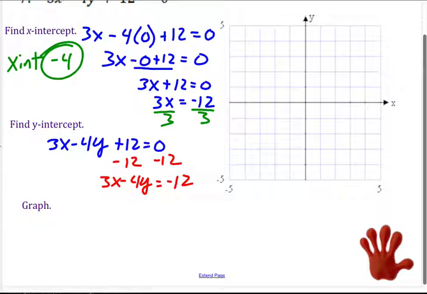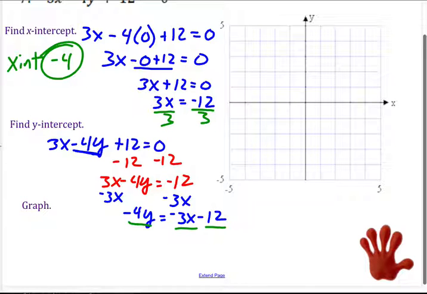Solving for y, I want that x term on the other side, so I'm going to subtract 3x from both sides. And don't forget that this is a negative 4y right here. You always put your x term first, negative 3x minus 12. It is not solved for y yet. The last thing we have to do is divide both sides, or each and every term, by negative 4. That's the same as dividing both sides by negative 4.